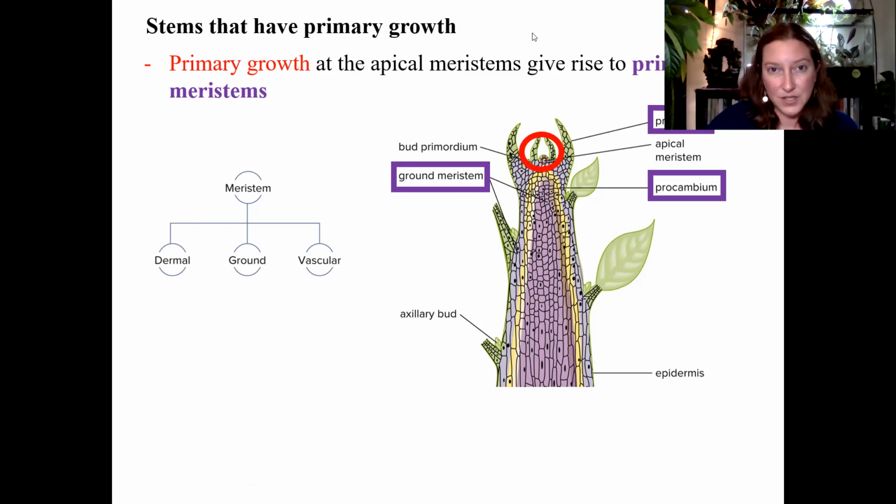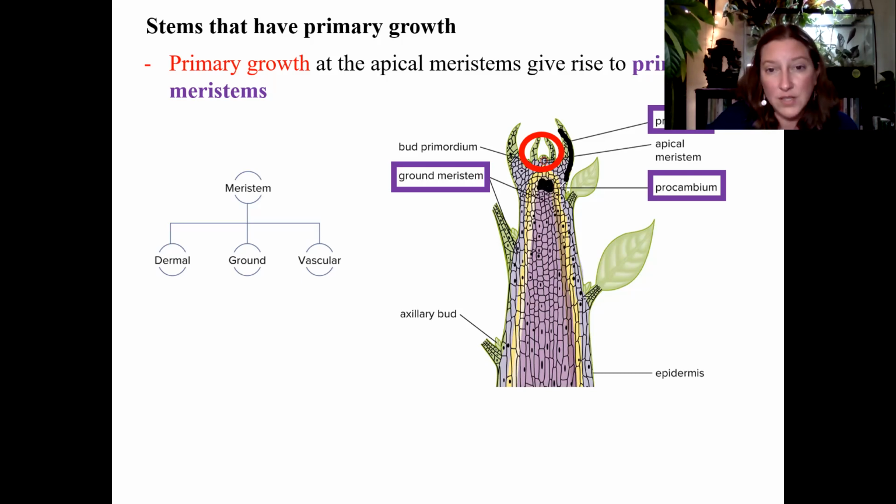In this case, just to start to get you oriented, because this is a little easier to see: the apical meristem is going to make protoderm, and that's going to be right here. The apical meristem is going to make procambium, which is hard to see, but it's kind of right around here.